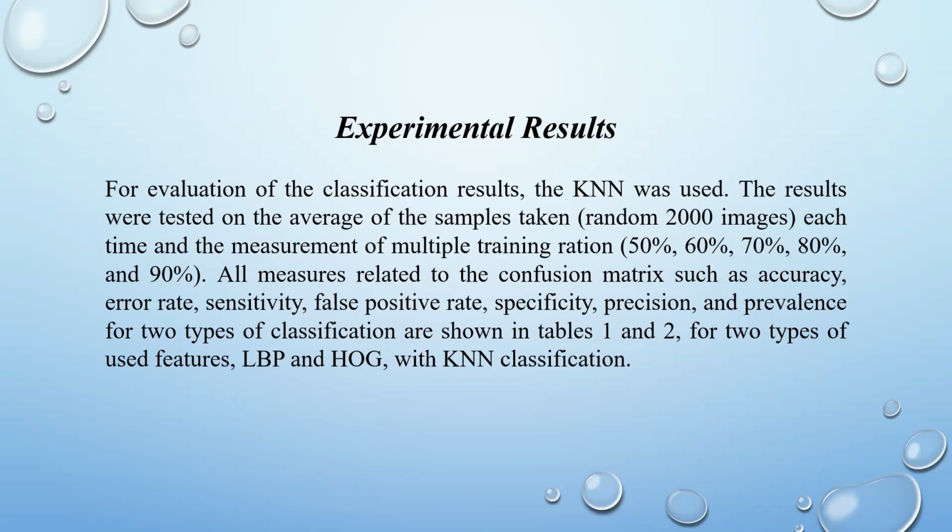All measures related to the confusion matrix, such as accuracy, error rate, sensitivity, false positive rate, specificity, precision, and prevalence, for two types of classification, are shown in tables 1 and 2 for two types of features, local binary pattern and histogram of oriented gradient, with the K-nearest neighbors algorithm.